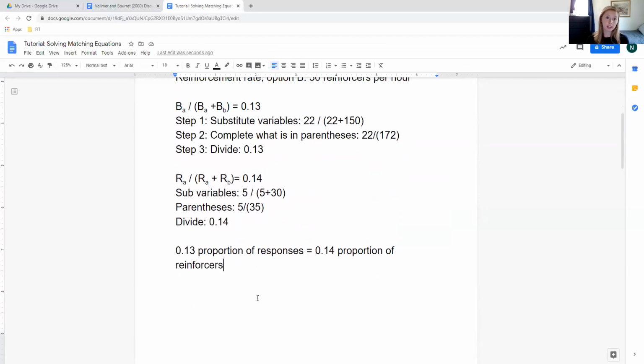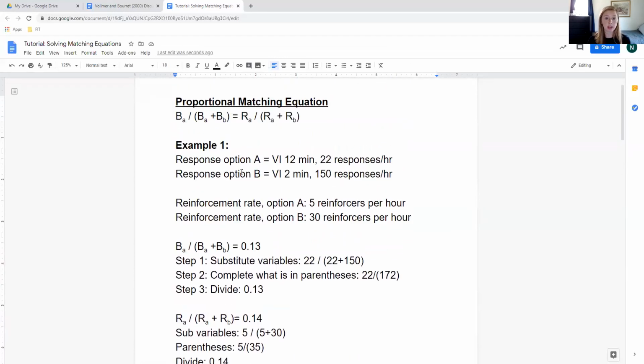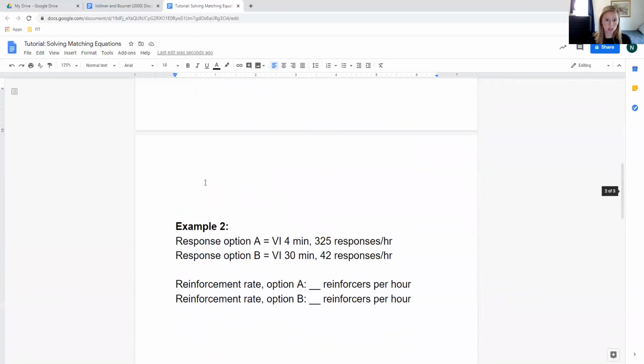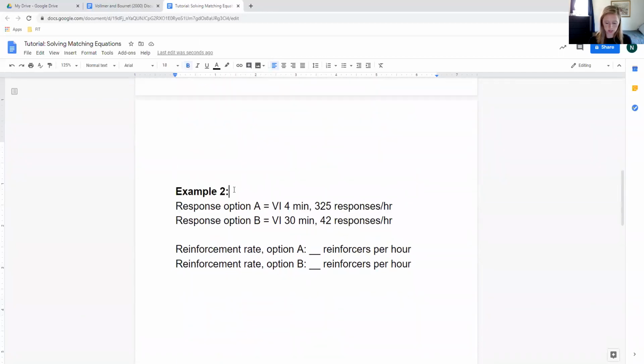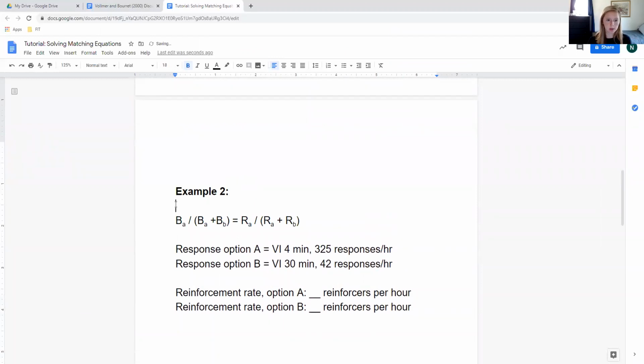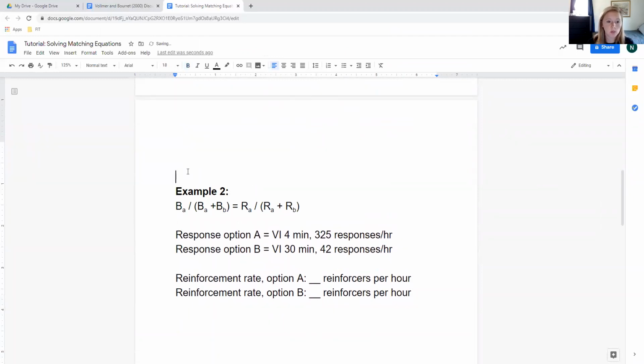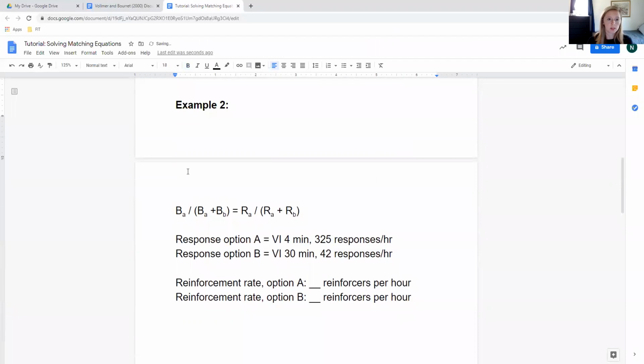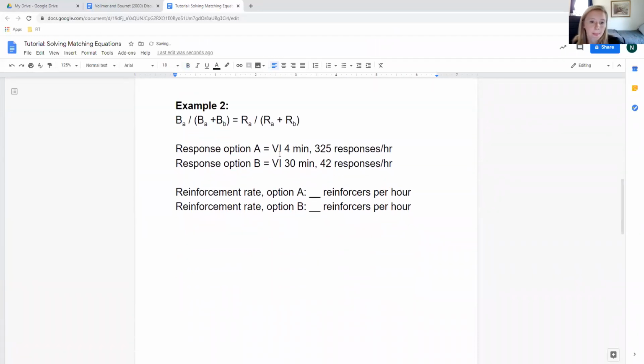We're going to go ahead and do another example just to make sure that it is all clear. Copy and paste my formula just so we don't have to scroll up for it. In this circumstance, again, we've got these VI schedules.